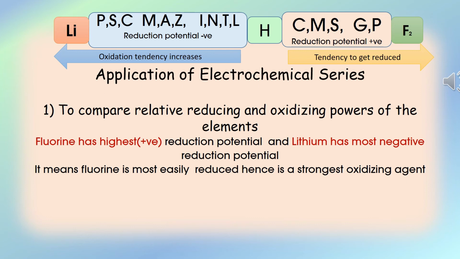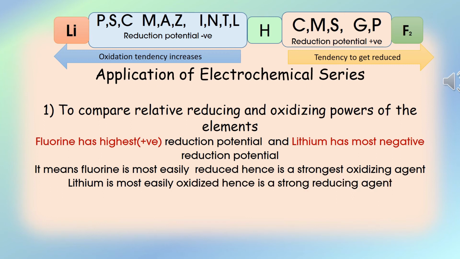Hence, since fluorine gets easily reduced, it acts as a very powerful oxidizing agent, because the substance which gets reduced is an oxidizing agent. Lithium, on the other hand, is very easily oxidized. Hence, it acts as a strong reducing agent.